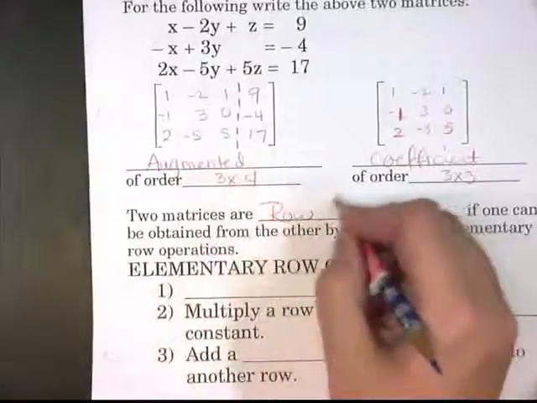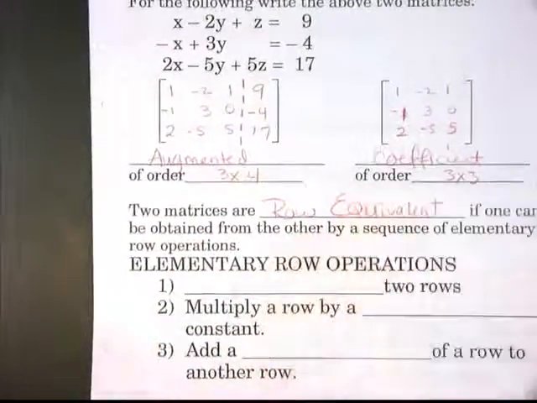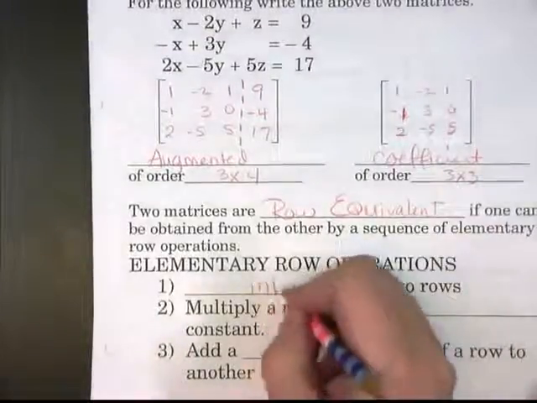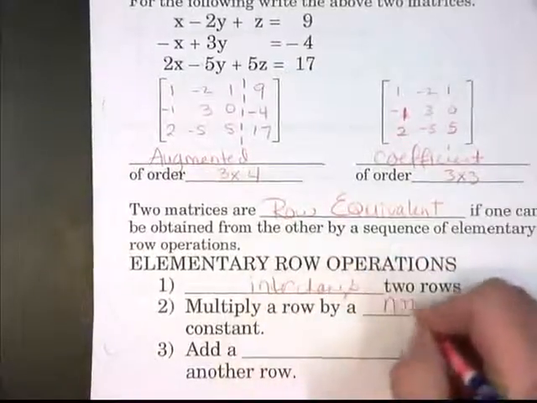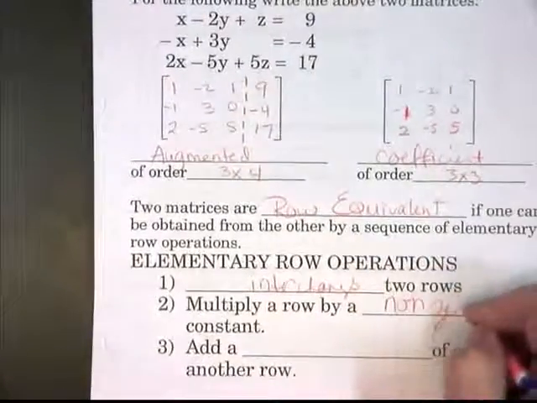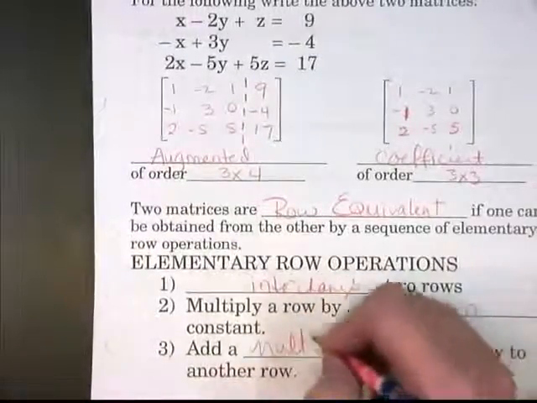So we say two matrices are row equivalent if one can be obtained by doing interchanges, multiplying by a non-zero, or adding a multiple of a row.